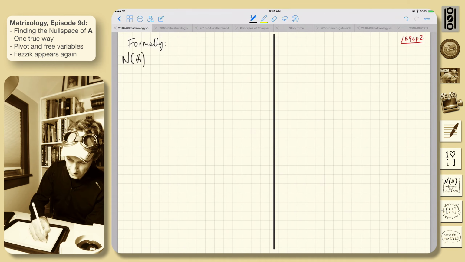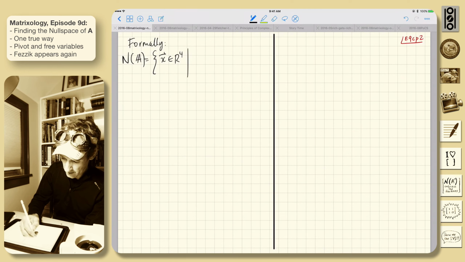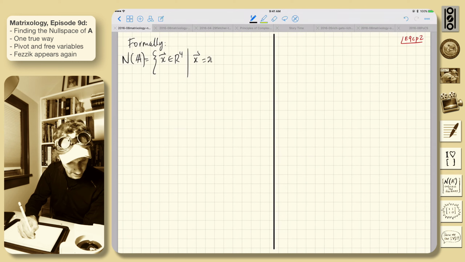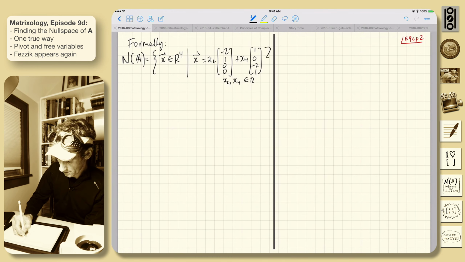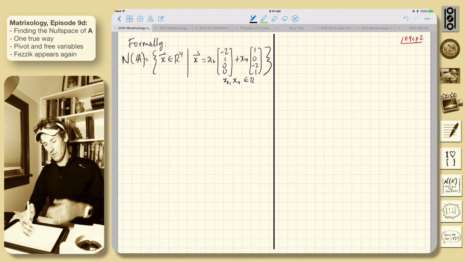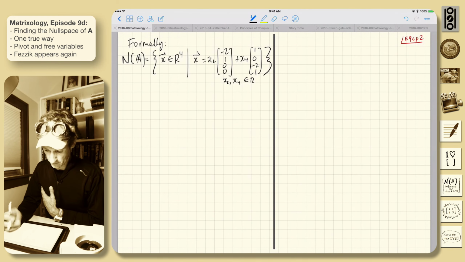So the null space of A is any X living in R4, such that X equals X2 times minus 2, 1, 0, 0, plus X4 times 1, 0, minus 2, 1. This is where X2 and X4 are real numbers. End curly brackets.